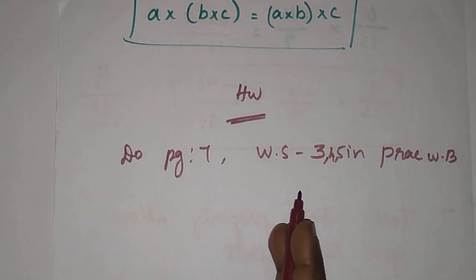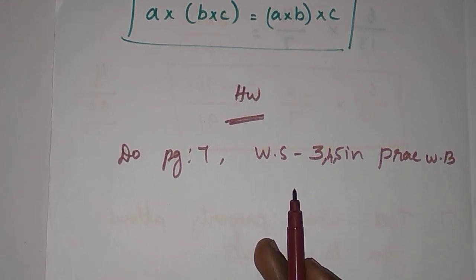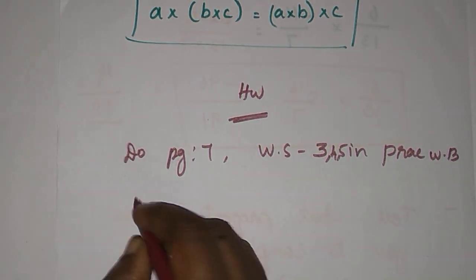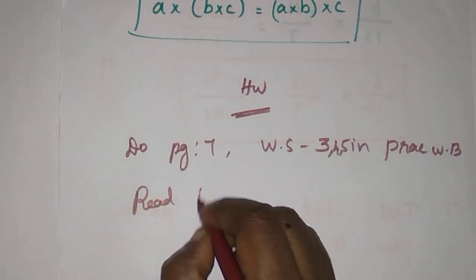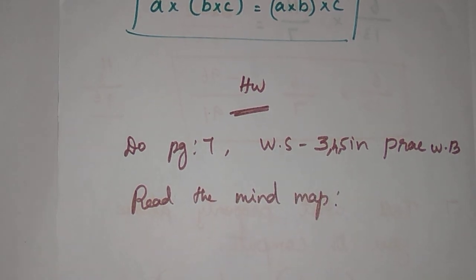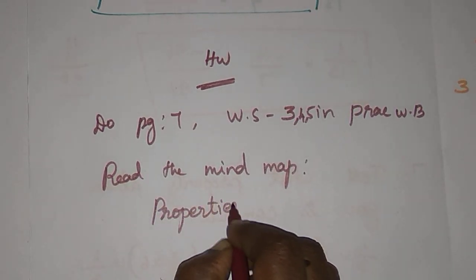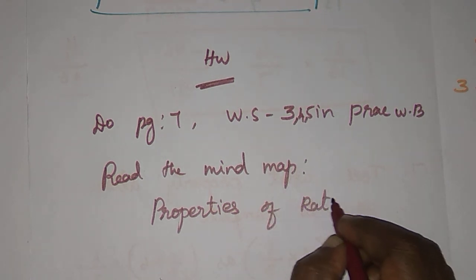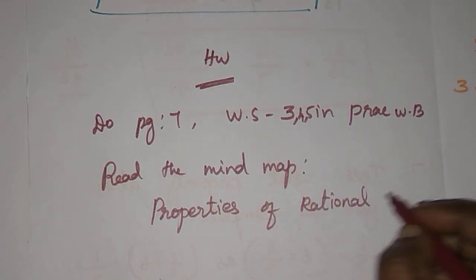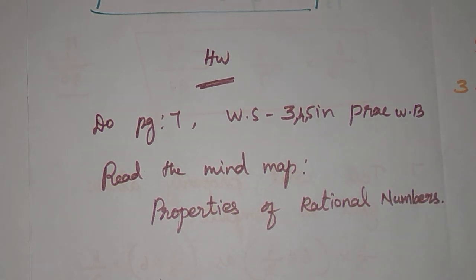Page number 7, worksheet numbers 3, 4, 5 in your practice workbook, and then read the mind map of properties of rational numbers. What is that? Properties of rational numbers. Okay, this is very important. If you know the properties, then only you will be able to do the sums. So you should read the mind map. Okay, thank you students.